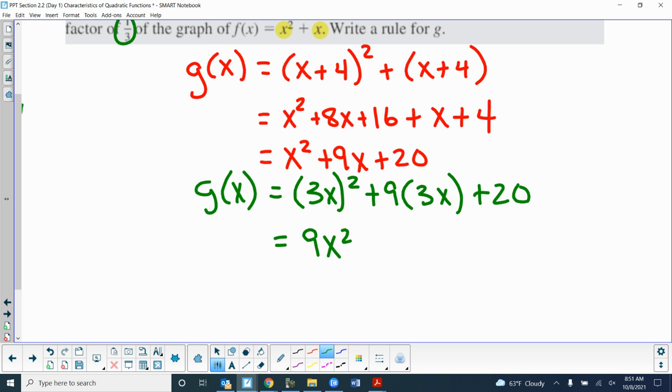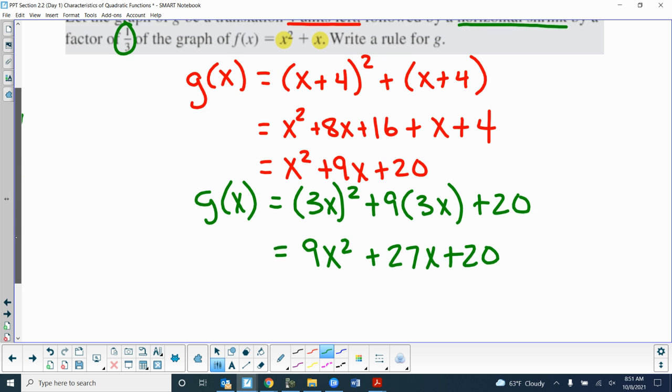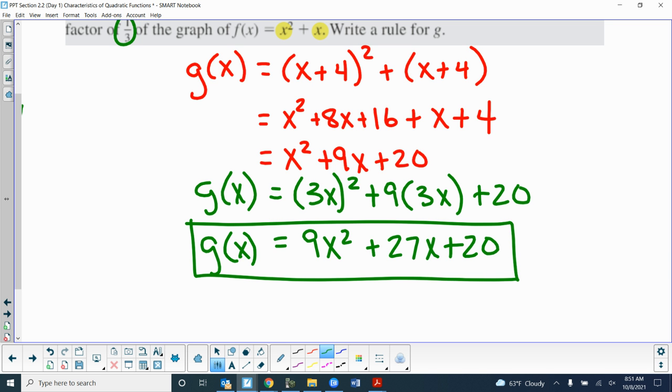And what's 9 times 3X? 27X. Okay? That's all we had to do, right? We had to do 2 of them. So that's my final answer. My G function now is that. That's what we were supposed to do.